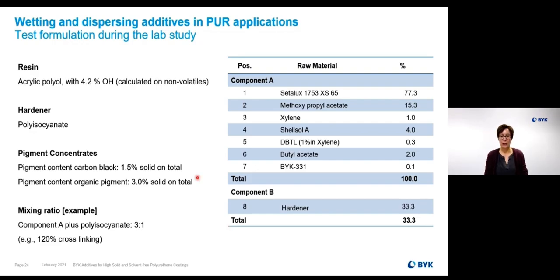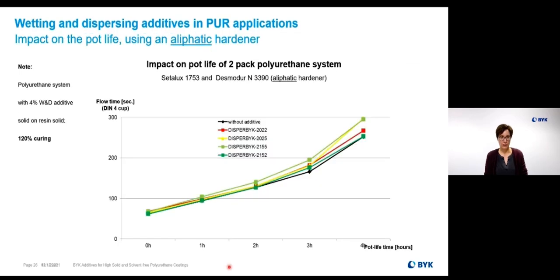And now let's have a look at what happened to the pot life with the different hardeners and different wetting and dispersing additives. Here are the results when we are using an aliphatic hardener. On this axis, we talk about the flow time. It was measured with the DIN 4 cup from 0 to 300, then we stopped.